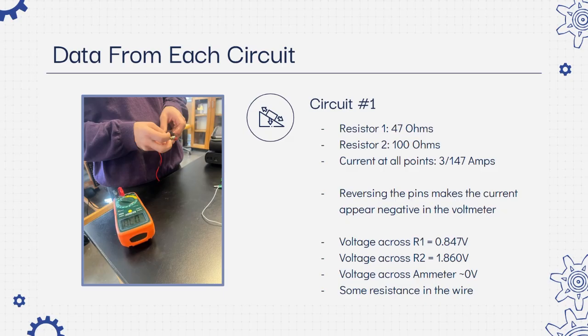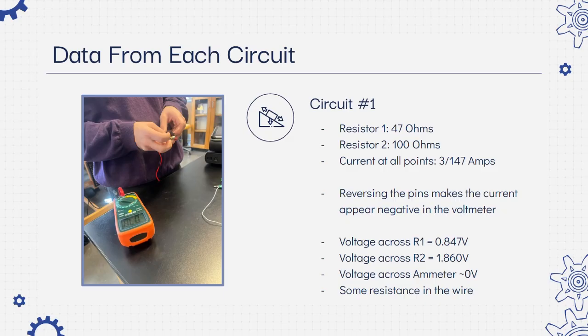There was a slight difference due to the fact that our wires have some resistance, and the ammeters and voltmeters that were plugged in, our multimeters, also had resistance. We reversed the pins in the ammeter to check it, and it gave us the same value, but negative, because if you think about it with the loop rule, it would have to be negative for it to work.